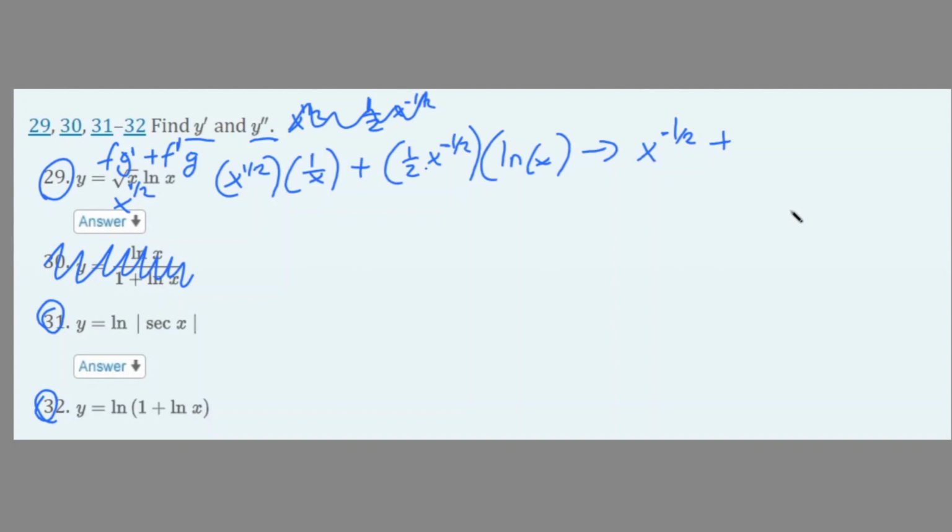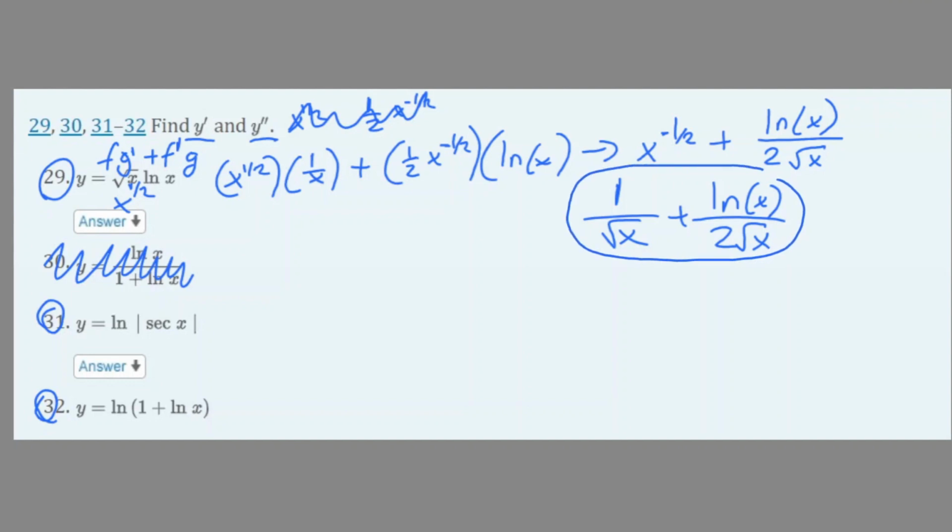And then that's going to be added on to ln of x over 2 radical x. And this also is 1 over radical x, and this would be your first derivative actually. So we could rewrite that out. So 1 over radical x plus ln x over 2 radical x, and that would be your first derivative.